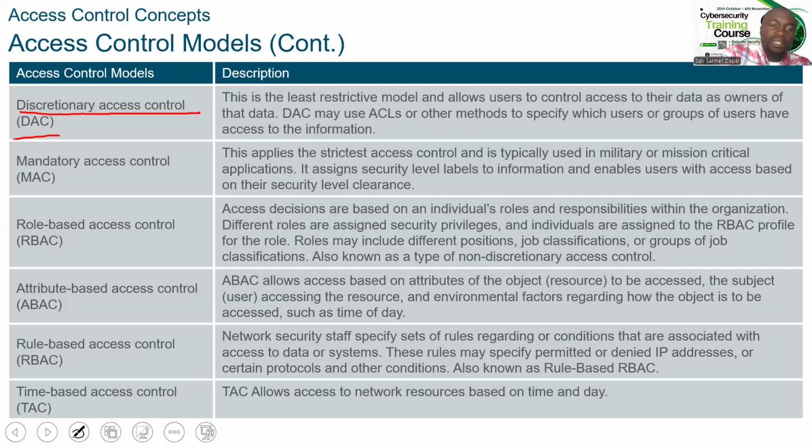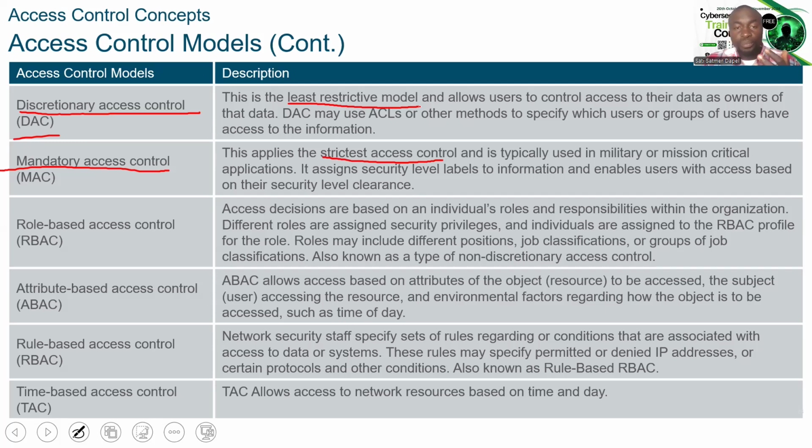Then you have the MAC, mandatory access control. This implies the strictest access. You see, the other one is the least restrictive. This one is the strictest access and particularly used in military or mission critical applications.